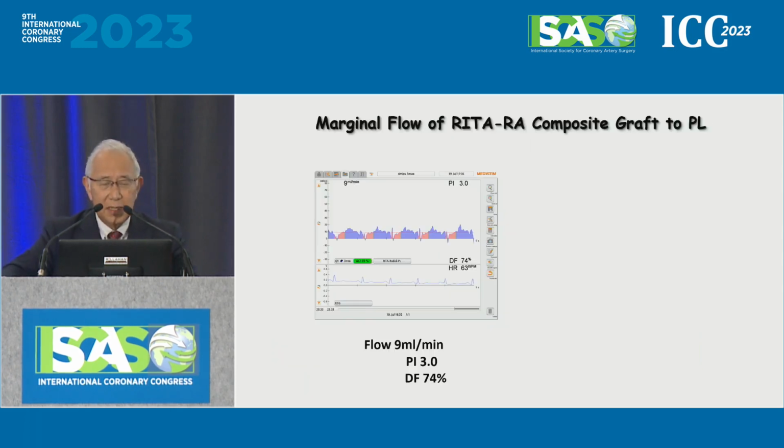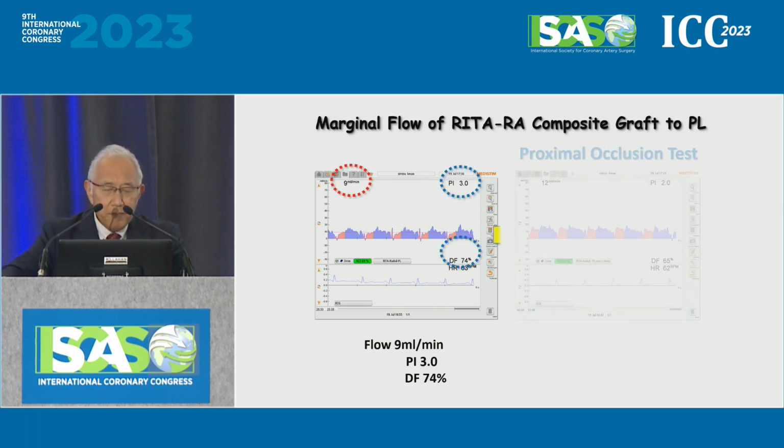This is a marginal flow case where I made a right radial artery composite graft with 2 anastomoses to the posterior lateral branches. The flow was 9 milliliter per minute, PI 3.0, diastolic filling 74%. The PI and the diastolic filling are okay, but the flow of 9 milliliter per minute is not acceptable.